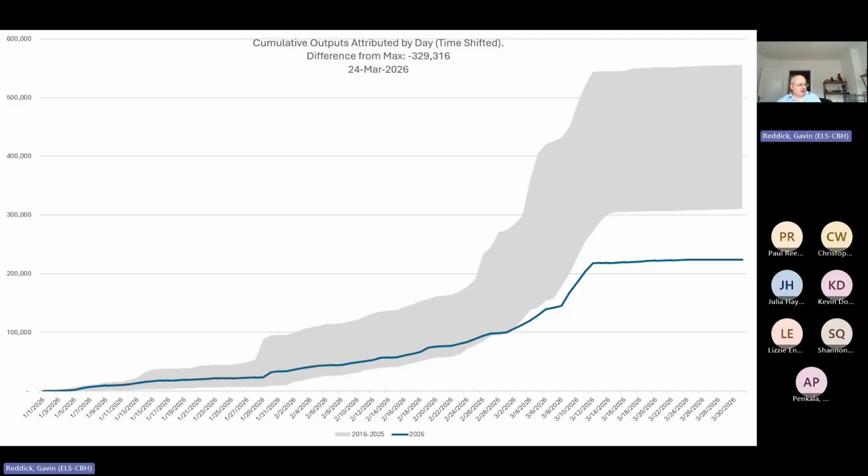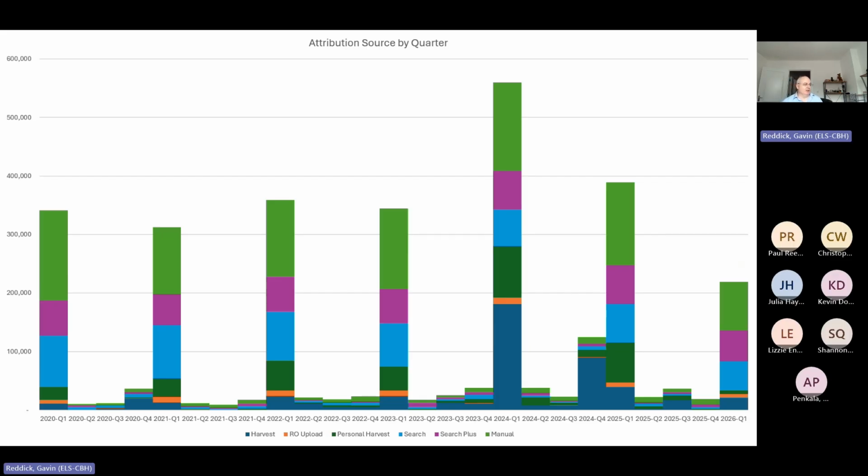So as I said, there are a number of factors at play here in terms of the attributions and some behavioral changes over time. This next figure looks at the absolute number of outputs and looks at the attributions by quarter of each year, and also looks at what the source of it was. So this light green at the top, those are manual outputs, where the researcher has had to write the whole output themselves.